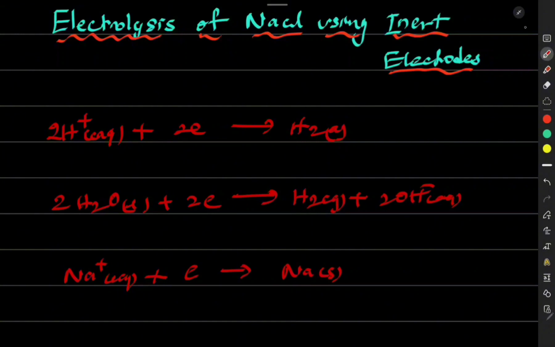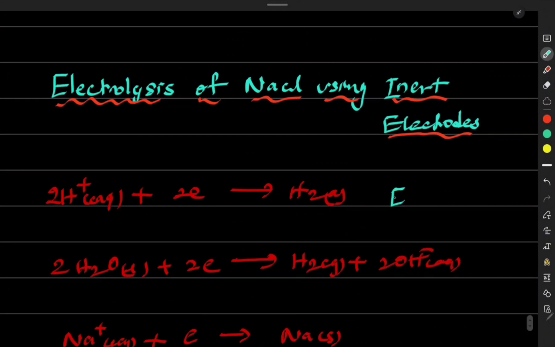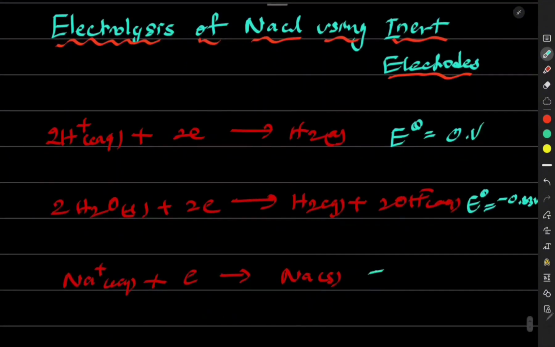If we consider the reduction potentials of these, the reduction potential of hydrogen is 0 volts. The reduction potential of H2O is minus 0.83 volts. And the next one, sodium, is minus 2.71 volts.